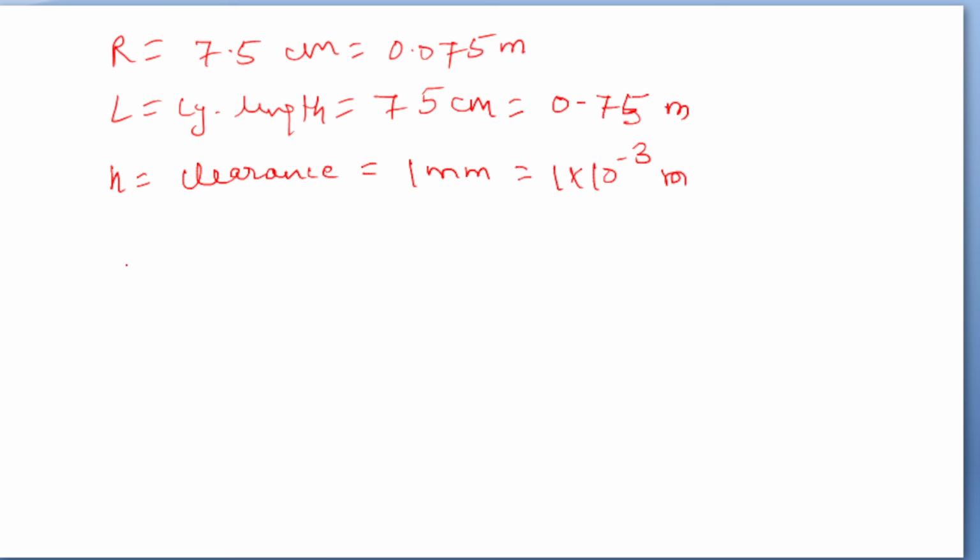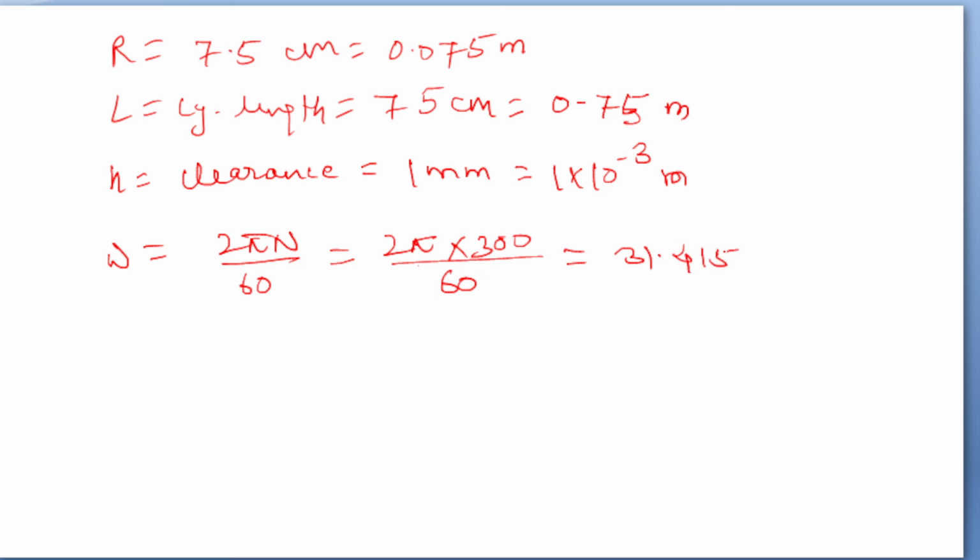Now the RPM is 300, so omega, the angular speed, is 2 pi N by 60, which is 2 pi into 300 divided by 60, which is 31.415 radian per second. Now the torque is given as 0.8 Newton meter.